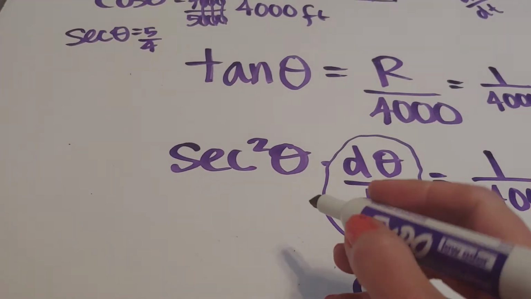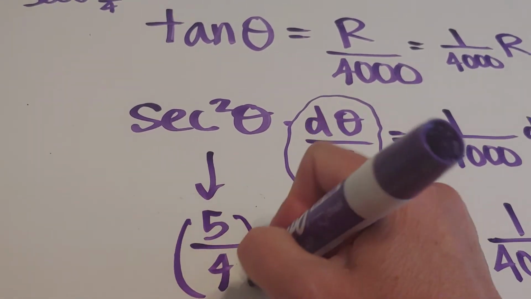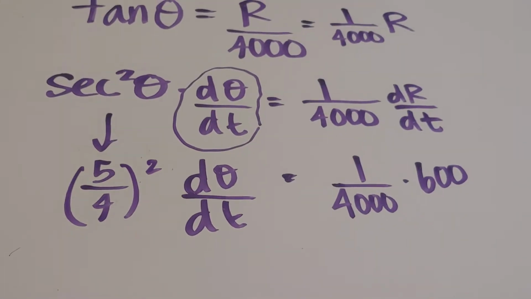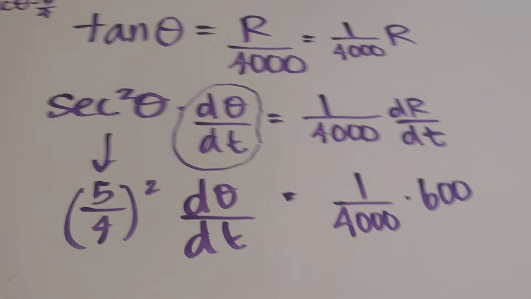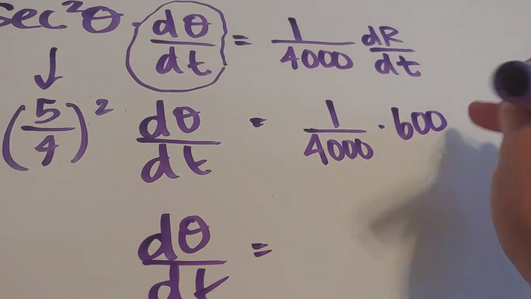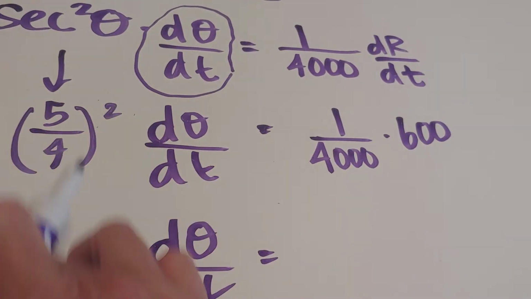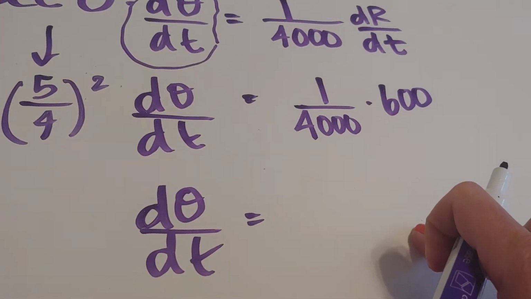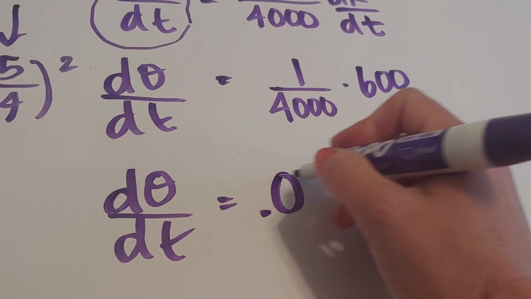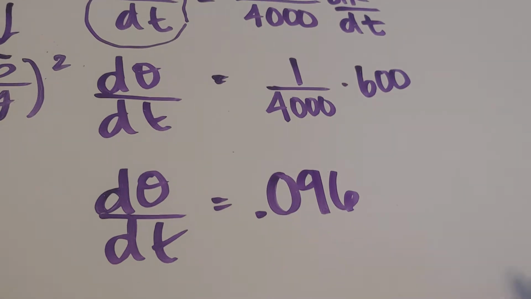So I'm going to come down here and write 5/4 squared. To finish this off, all I have to do is multiply 600 times 1 over 4,000, and then divide this across, and when we do that, we get the lovely decimal 0.096.